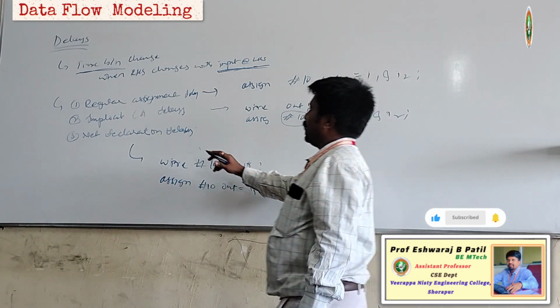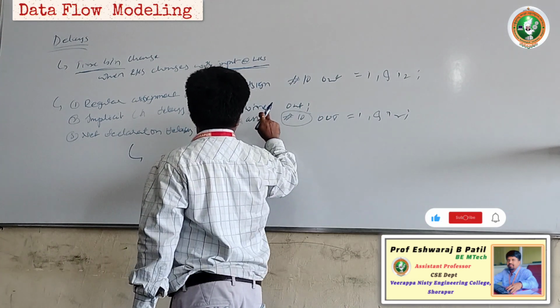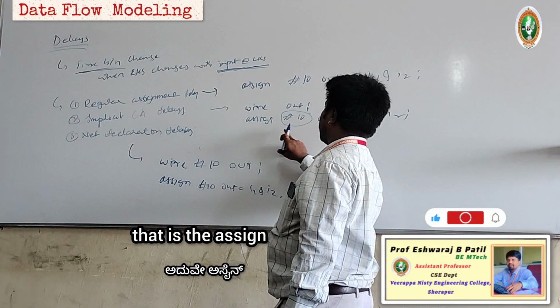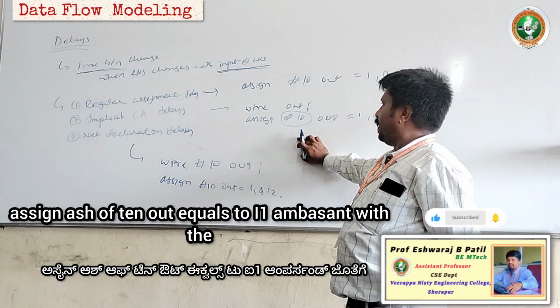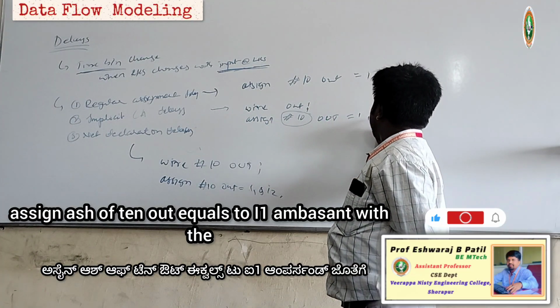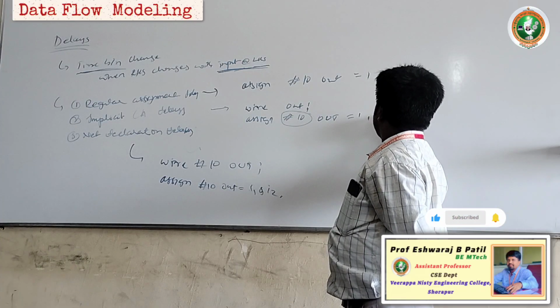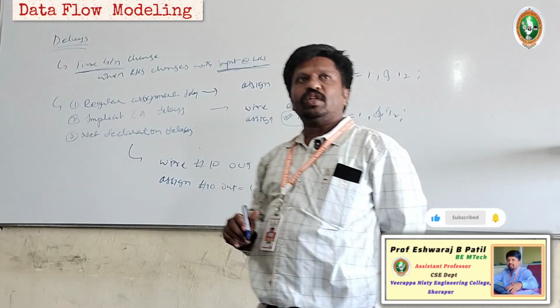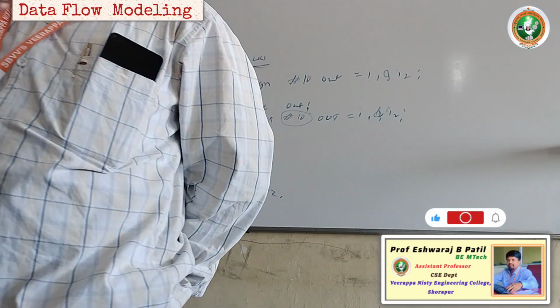Next, implicit continuous assignment delay: wire with the out, and one more keyword, that is assign hash of 10 out equals to i1 ampersand with the i2.